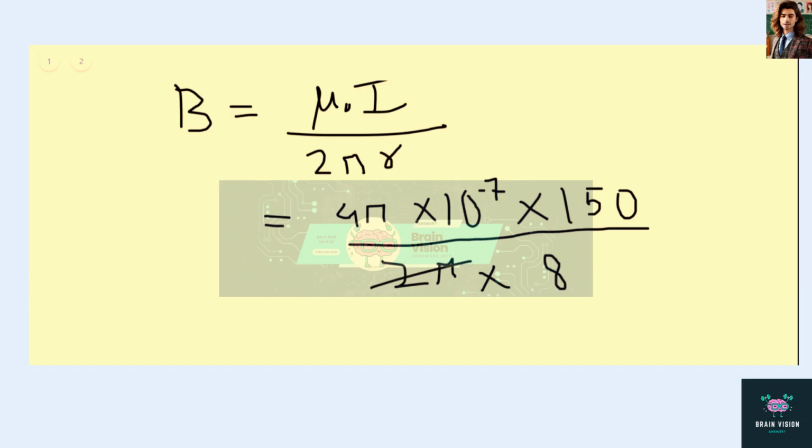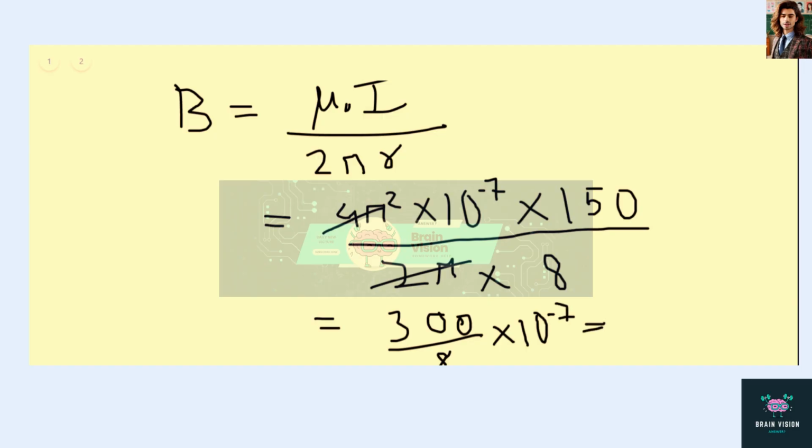So if you cancel this, you get 2 here. So you have 300 divided by 8 times 10 raised to negative 7.